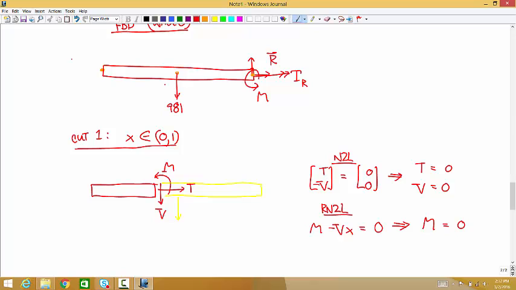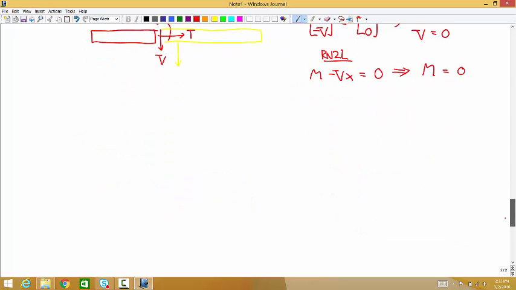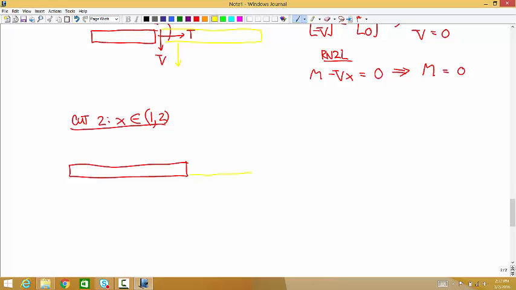I assume that you thought this was the right way to go. But okay, that's the key distinction. So you get that wacky stuff. Now we'll go to cut 2. X is valid between 1 and 2. So this time the weight is acting there, where this distance is a fixed 1 meter.